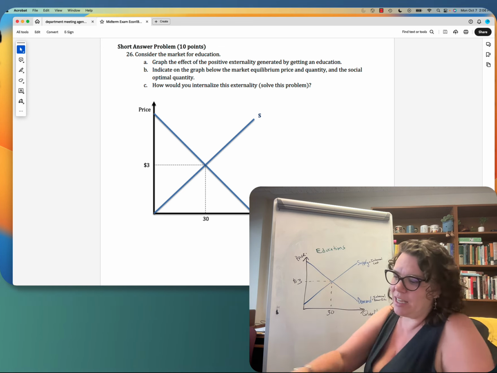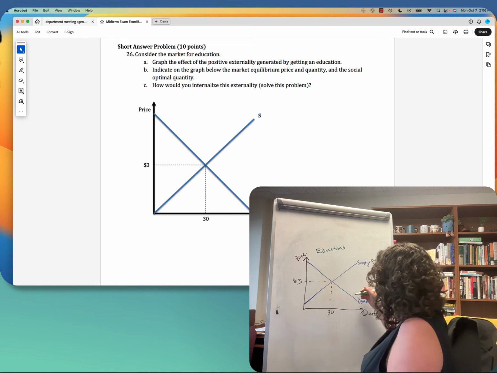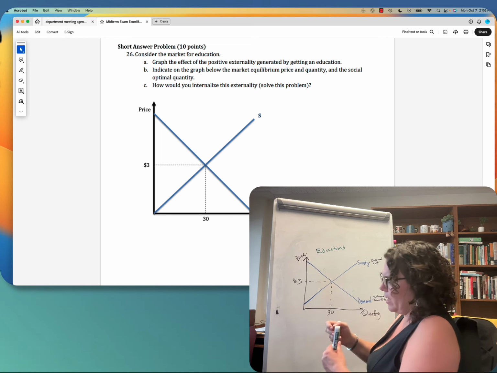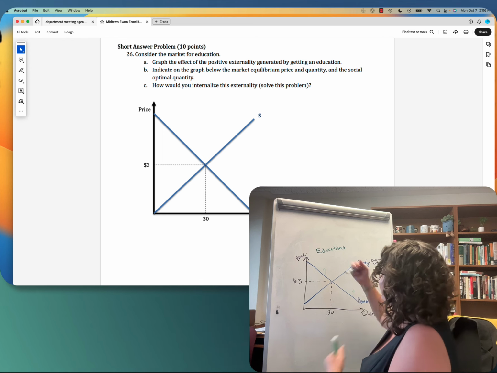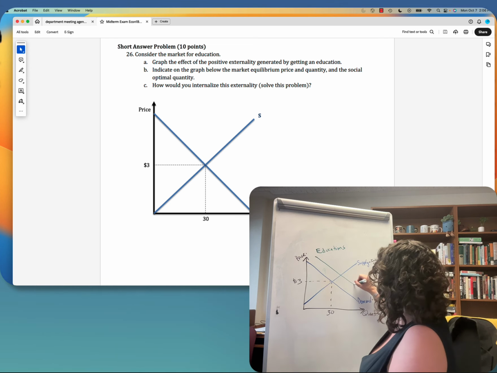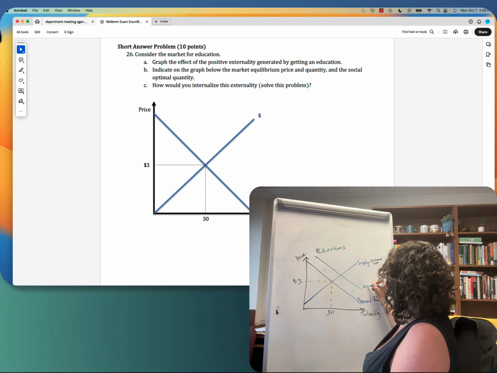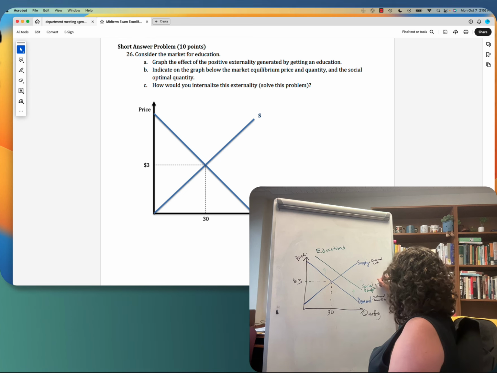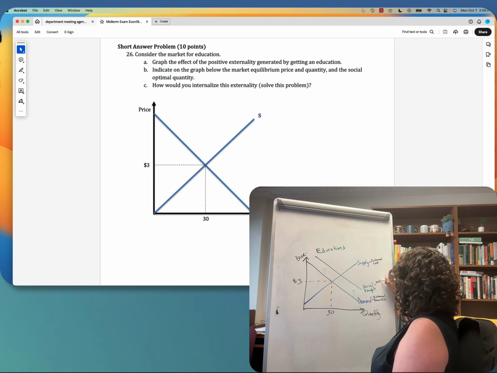And so the size of that external benefit is going to be on top of the internal benefit. And so we graph it as a second, higher demand curve that is the social benefit. And the social benefit means it's going to include both internal and external benefits.